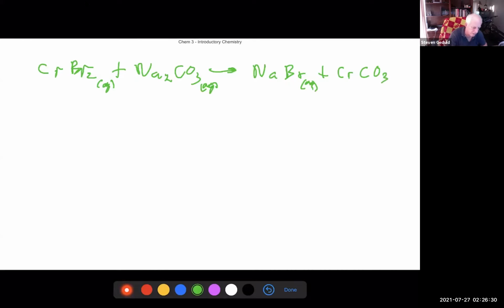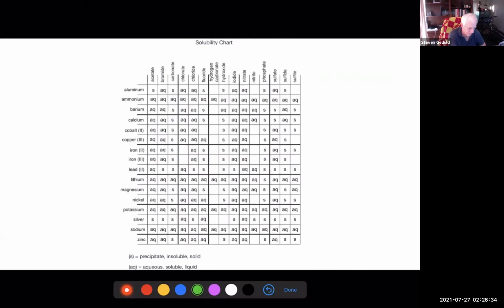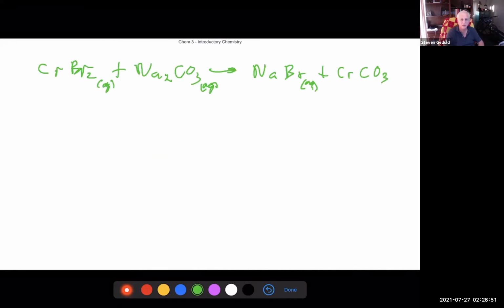Let's go back and look at my list. I don't see chromium on here. Let's look up chromium carbonate real quick. It was CrCO3.